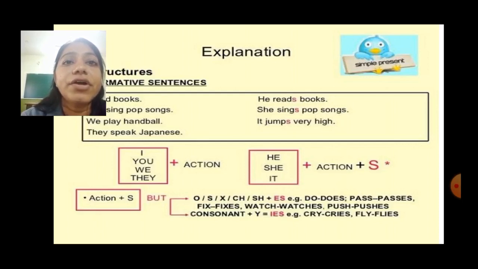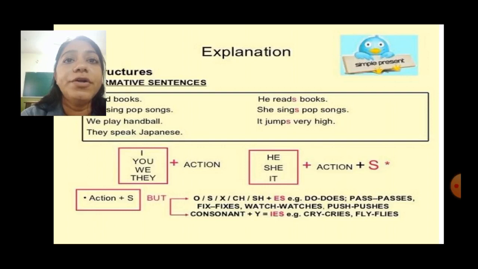But when we are talking about he, she, it or third person singular, at that time we will add s or es to the action word. Now let's see when we can add s and when we can add es. When the action word ends with o, s, x, ch, sh, at that time we will add es.